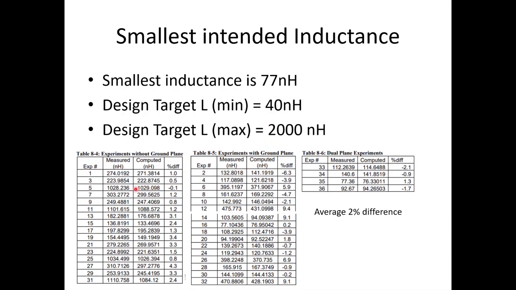And if we also look in here, we see that our maximum inductance was about 1100 or 1200 nanohenries. So we're going to make our design target max 2000 nanohenries. Now, I think with this circuit we can go very far beyond this, but we'll cross that bridge when we get to it. We should be able to go much higher than this.